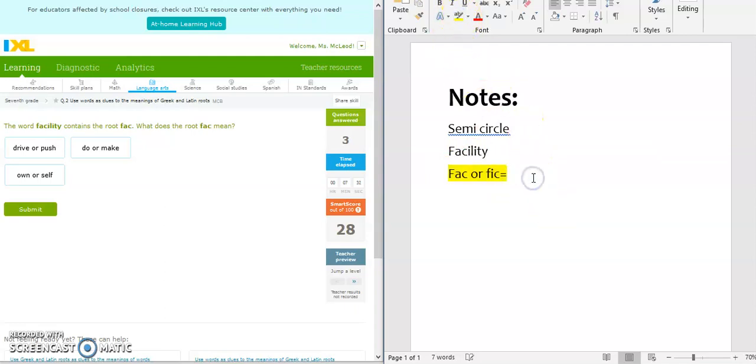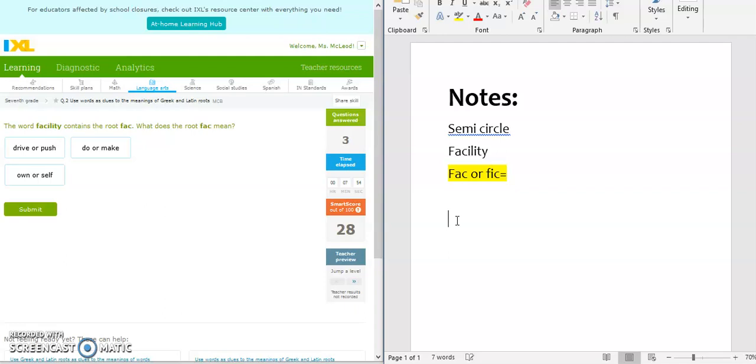So if you did well on Q1, the skill before this, you'll know exactly. But let's look. So the word is facility.